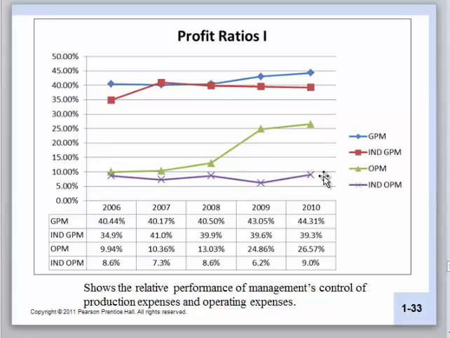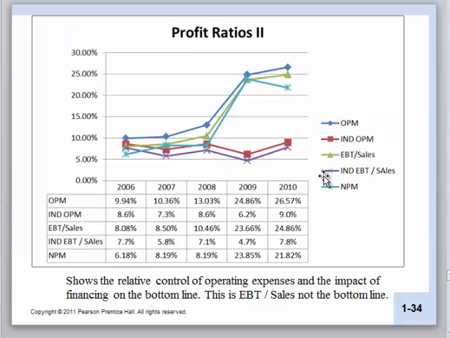So when you incorporate all the expenses of running the company, Coors is a far better managed company as far as controlling expenses than the rest of the industry. So now what happens when we look at the bottom line numbers? Again, if you go to the bottom line, you can see that Coors is still a higher, more profitable company than the industry.